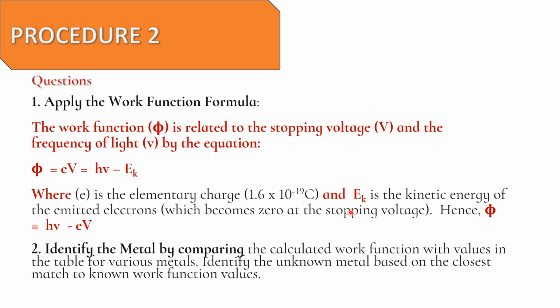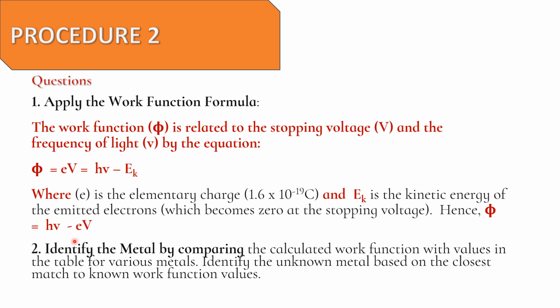Now, EK is the kinetic energy of the emitted electron. Because at that point in time there is no movement of electrons, EK will also become 0. Then we can have our phi to be equal to what? hv minus eV. That is what we will have.